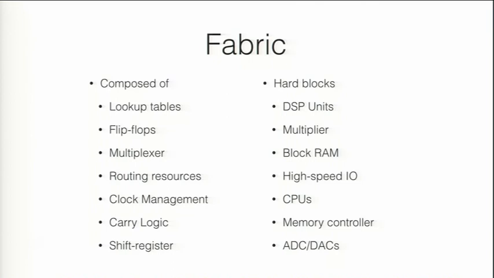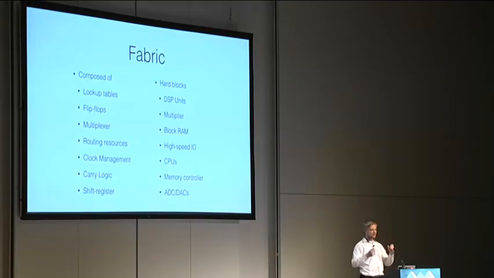It also contains some multiplexers where you're selecting between several input signals. It contains routing resources, which are very important if you have a lookup table here and another lookup table here and they should be connected, then there are very fast connections between those, and those are your routing resources. And obviously you can also run out of those.